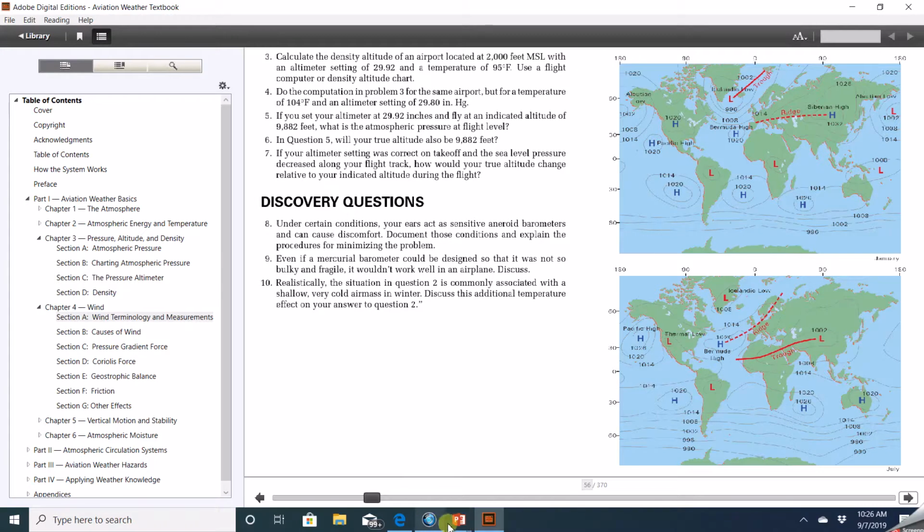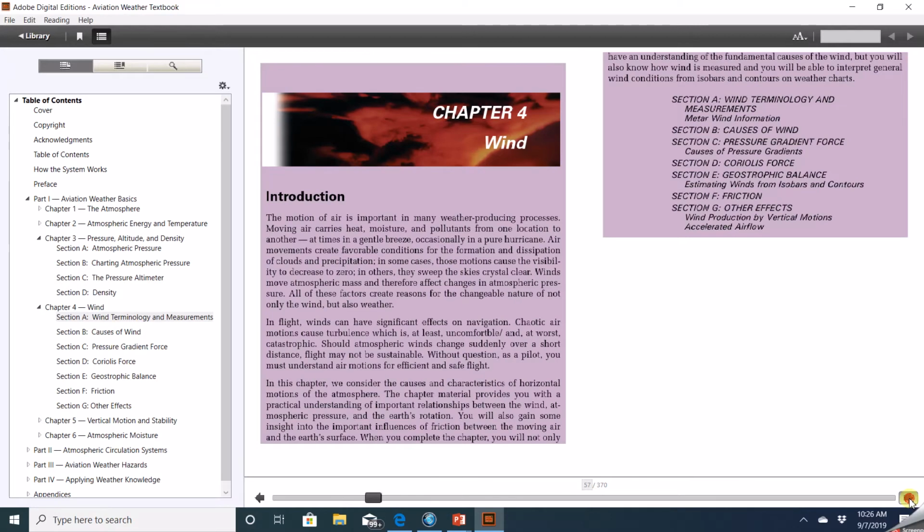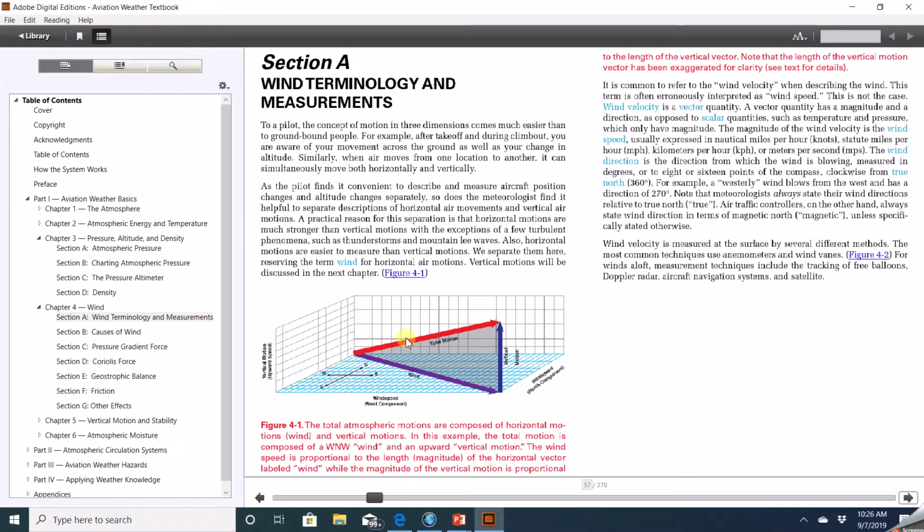So just looking at that, now we'll go on to one other thing I wanted to talk about, and that will be winds. Winds are related to pressure tremendously. What is wind? Well, they show it here, but think about it. If an air parcel, or say your aircraft, moves in 3 dimensions. You go up, you have a vertical motion, you have a sideways motion, both to the north and to the south.